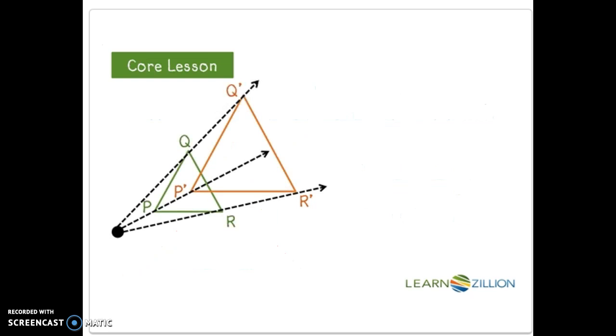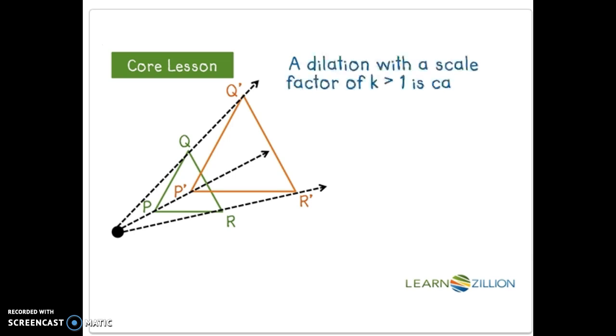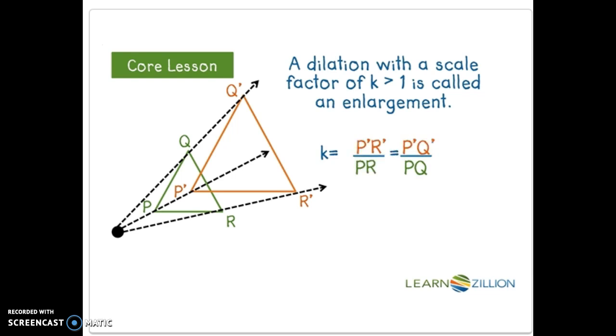A dilation with a scale factor of K greater than 1 is called an enlargement. In this diagram, we have the pre-image PQR and its image, P prime, Q prime, R prime. The scale factor is equal to the ratio of P prime R prime divided by PR, equaling P prime Q prime divided by PQ, equaling Q prime R prime divided by QR.